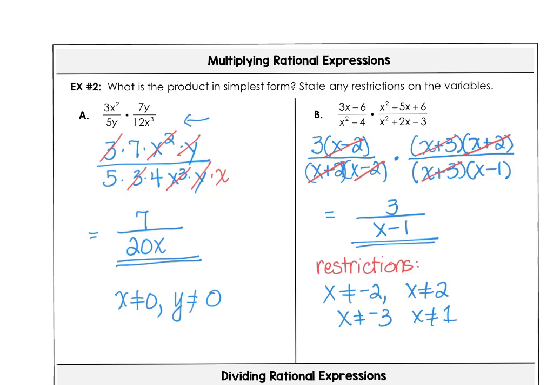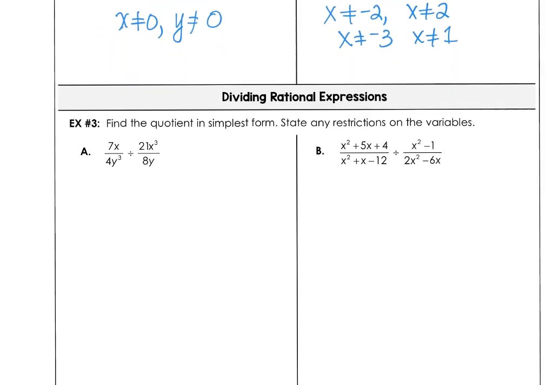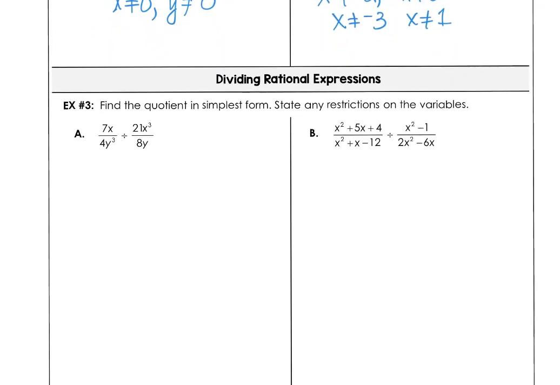So multiplication, multiply numerators times numerators and denominators times denominators, simplifying as you go along. But dividing two fractions, we want to multiply by the reciprocal. So the first thing we're going to do is look at 7x divided by 4y cubed, which would be the same as multiplying 8y divided by 21x cubed.